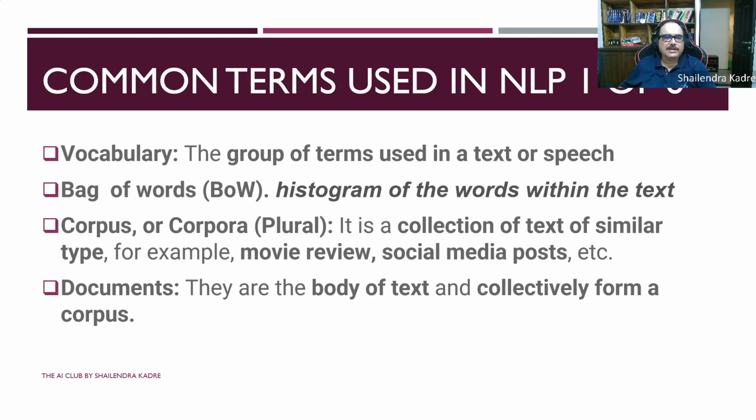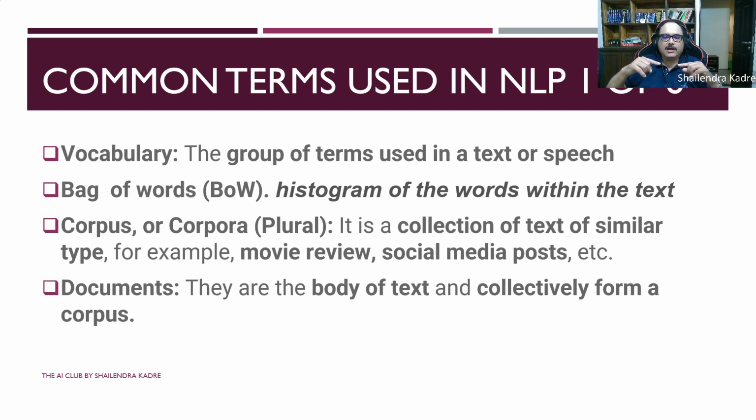I think things are pretty clear. Vocabulary means a simple group of terms used in a text or speech. Bag of words is nothing but the histogram of words, where we count the frequency of words. A corpus is a collection of text of a similar type, like movie reviews, and a document is a body of text.